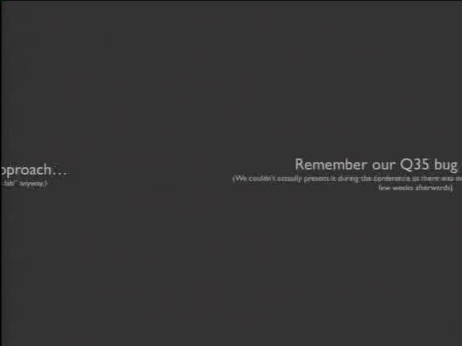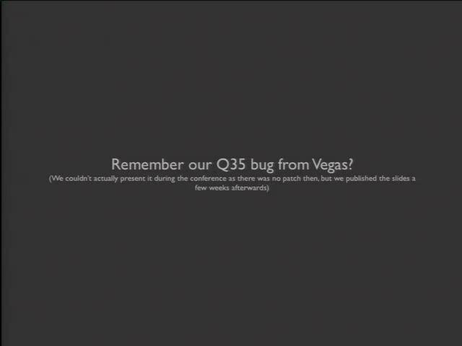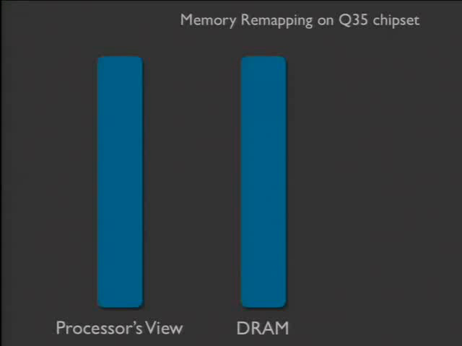So remember our Q35 bug from Vegas? The bug was this. So for the first time we're presenting those slides here at Black Hat. So this is two views of system memory: the processor view, the CPU view, and the actual DRAM that is on the motherboard. So usually with systems these days that have lots of graphics memory, we have a little problem with shadowing MMIO memory, for example, from the graphics card to the DRAM.